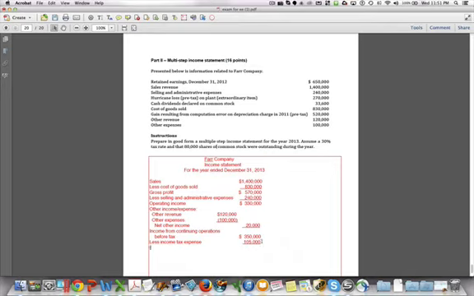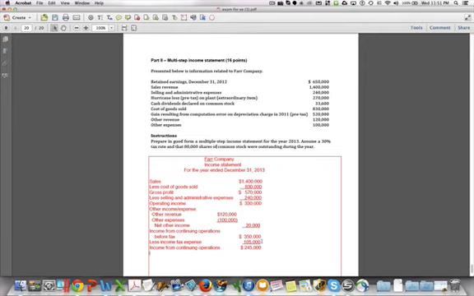And that's going to be income from continuing operations. We use the term income from continuing operations if there is going to be something below that. Like in this case, there's going to be an extraordinary loss.